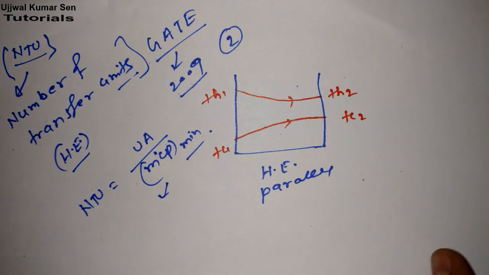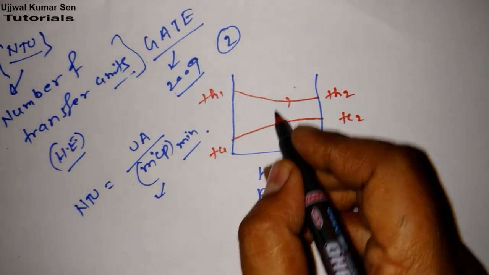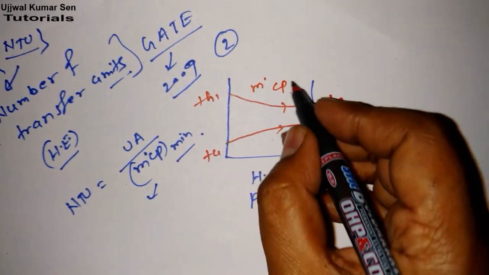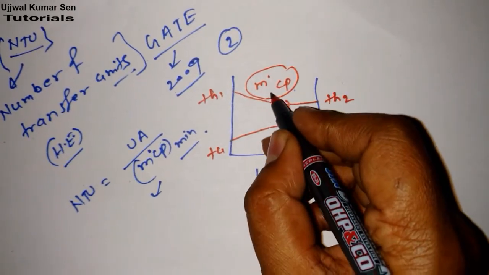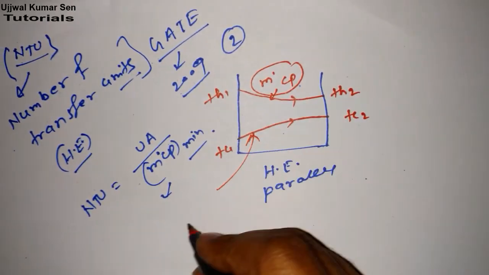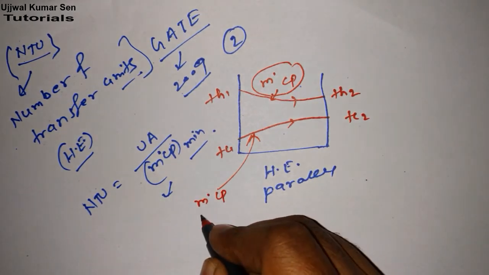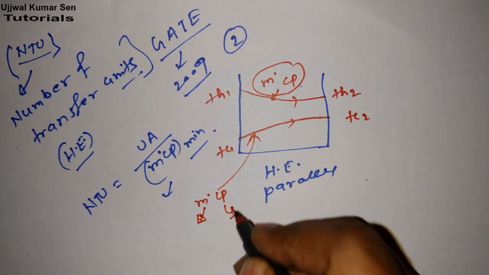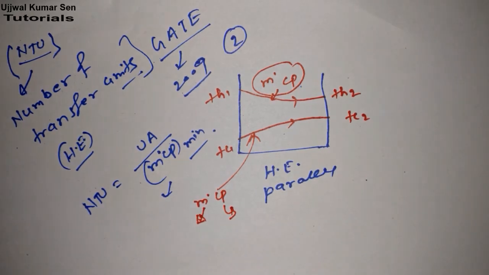There is definitely some mass flow rate and some Cp for the hot fluid, and for the cold fluid the same: some mass flow rate, and that fluid must have some specific heat at constant pressure.